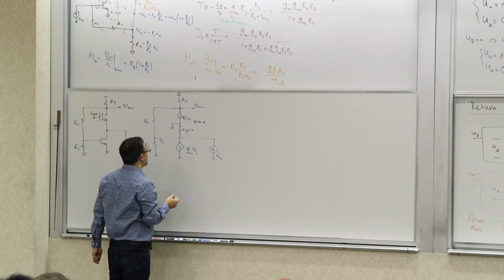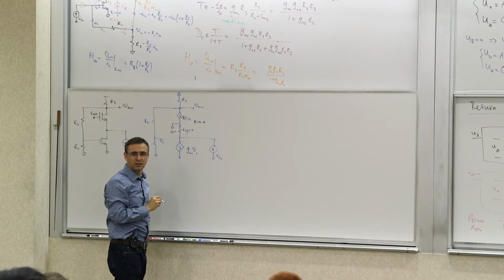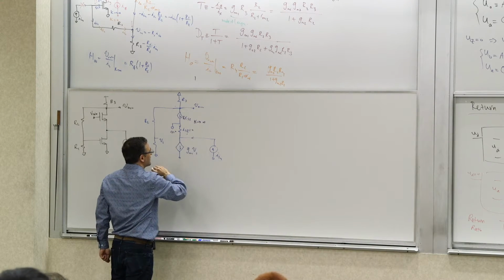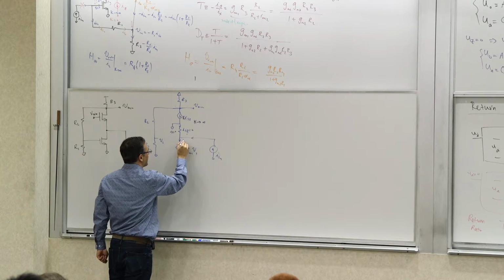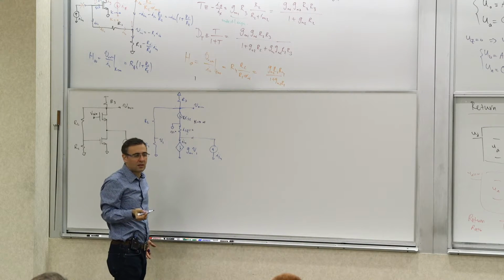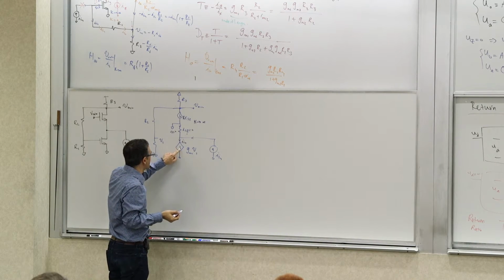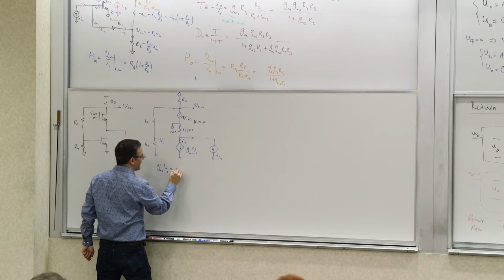If that current is 0, this voltage is also 0. The feedback loop must operate so that this current becomes exactly I in. Otherwise, there's no other way. So gm1 V1 is I in.